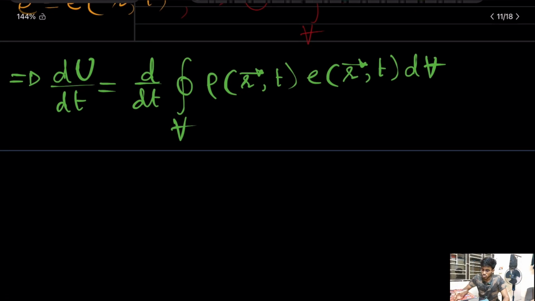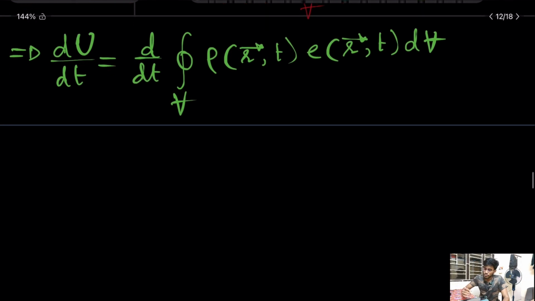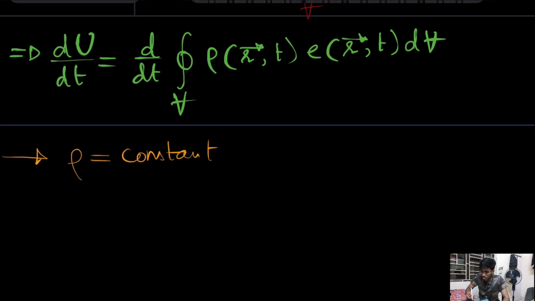Now I am taking an assumption that my rho is a constant. So rho is neither a function of position vector nor a function of time.